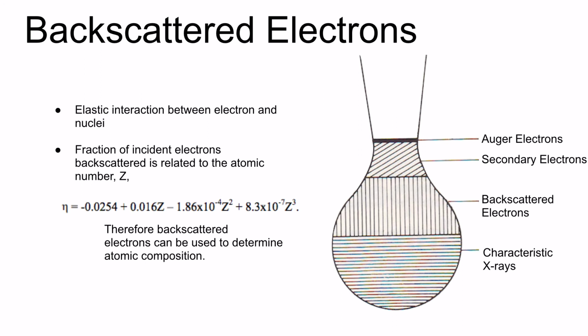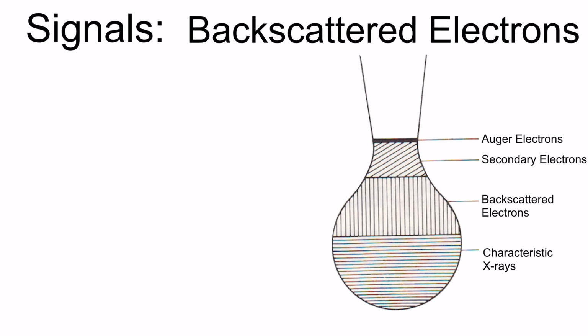Perhaps most importantly, the change in energy of the backscattered electrons is dependent on the mass of the isotopes at the surface. Therefore, backscattered electrons can be used to determine the atomic composition. Chemical composition is observed qualitatively through changes in the brightness of the backscattered electron image, with heavier atoms appearing brighter.